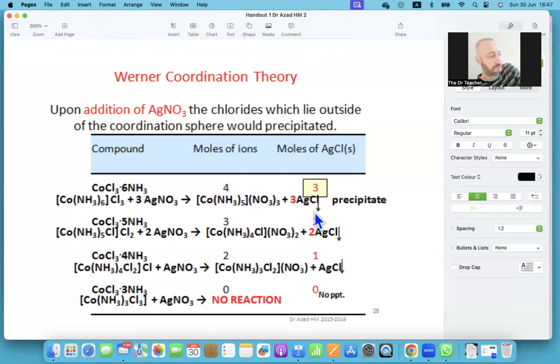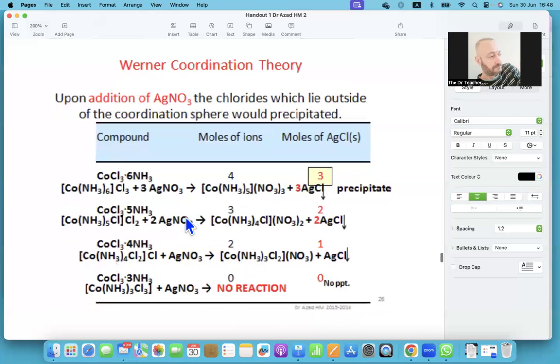And this precipitates 3 moles of silver chloride as a precipitate. And you see here we have moles of ions.